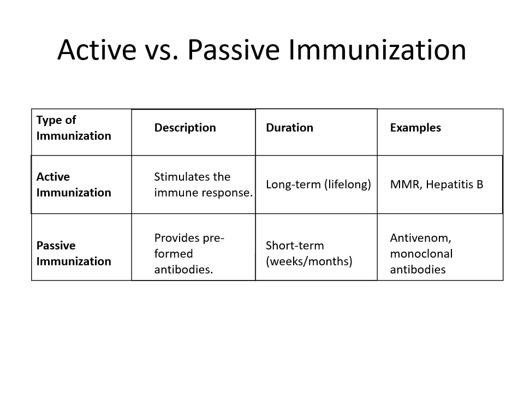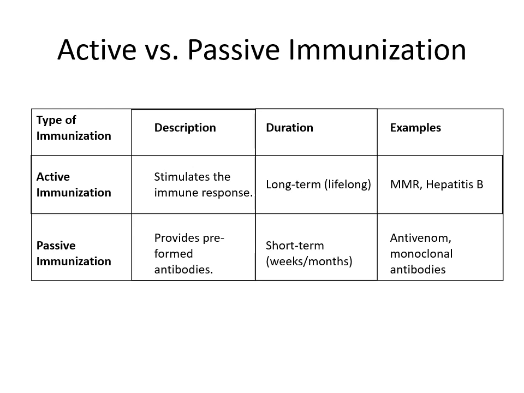We have the fifth question talking about the differences between active and passive immunization. Active immunization stimulates the immune response, while passive immunization provides preformed antibodies.